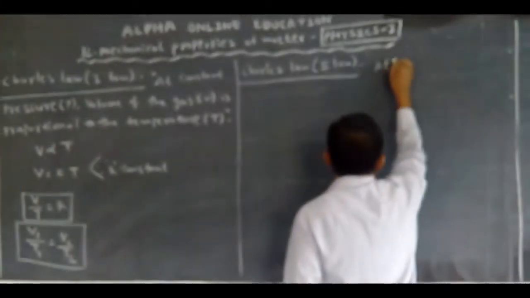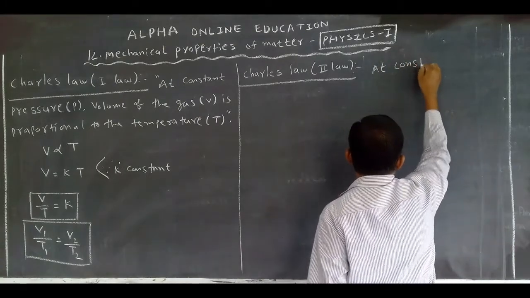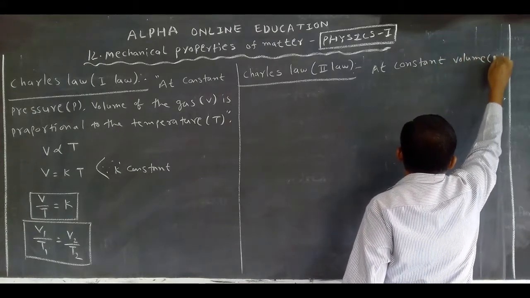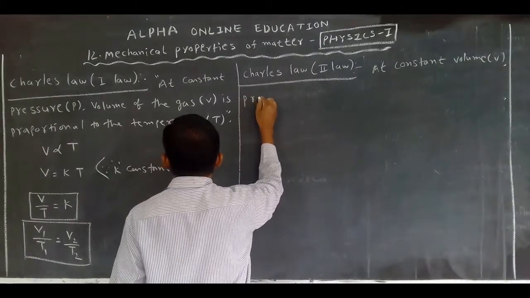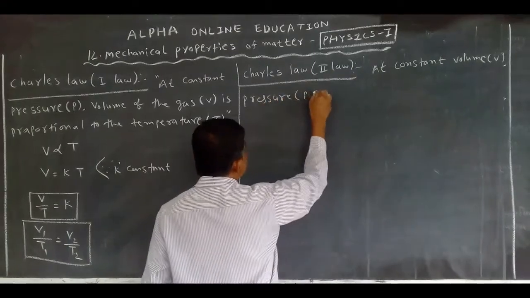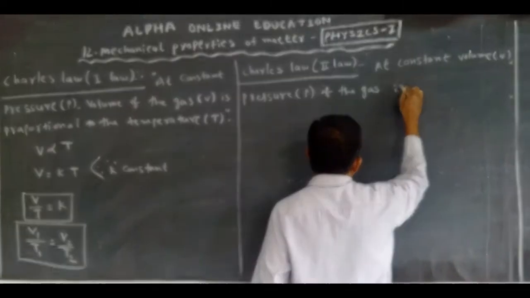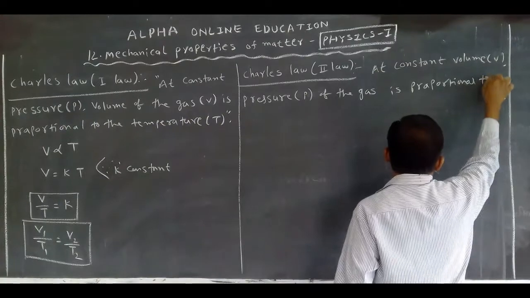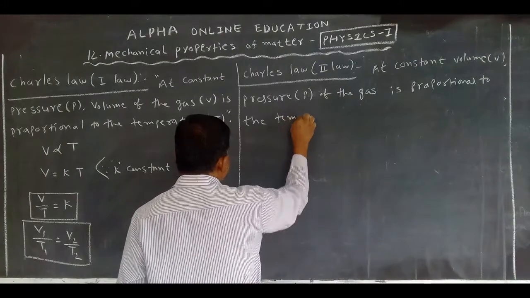At constant volume, pressure of the gas is proportional to the temperature.